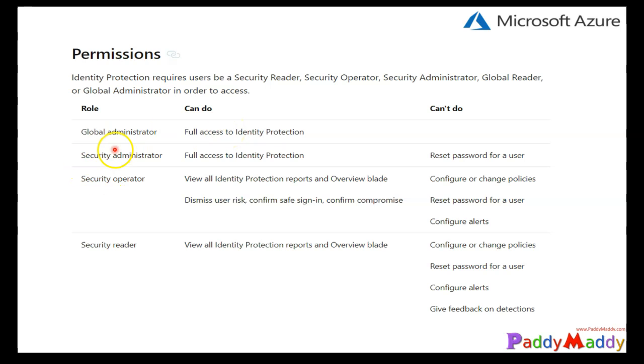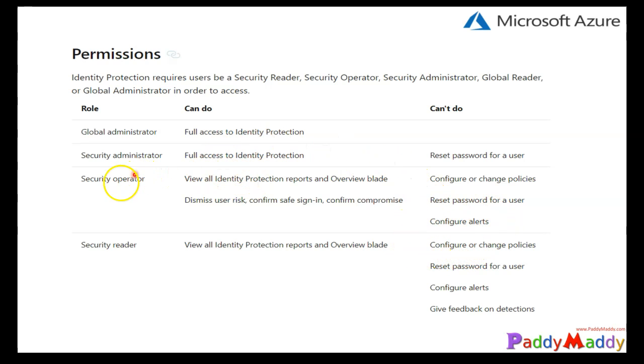For example, security admin and global admin can perform almost everything, except they cannot reset the password for a user. But the security operator can reset the password for a user, and can also configure the challenging policies and change the policies. They can configure the alerts so that you can get automated email for the IT admin or the security team.